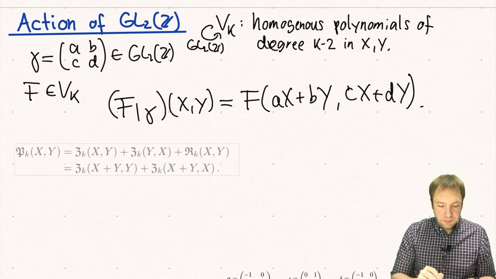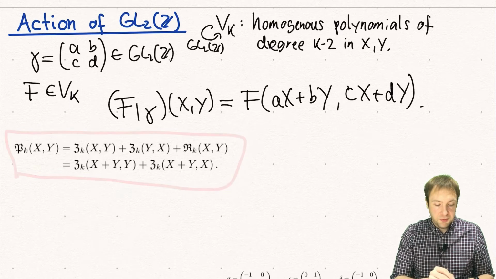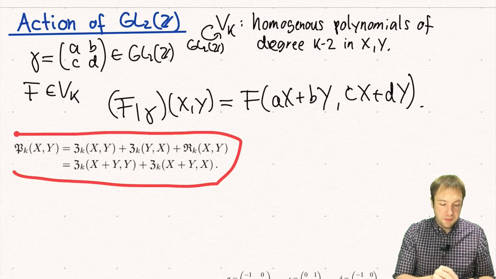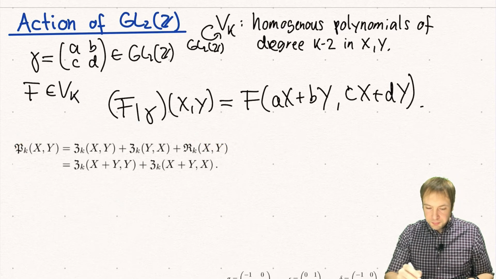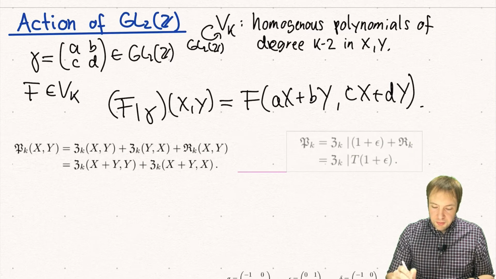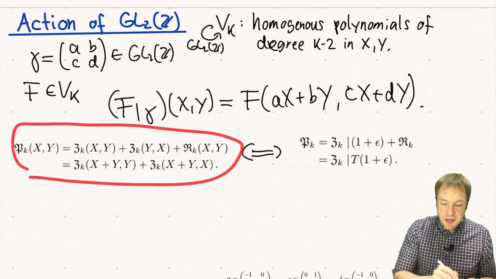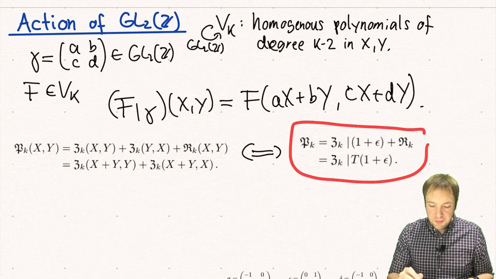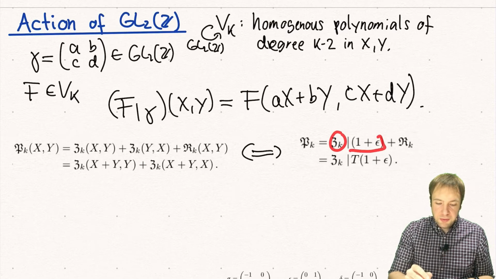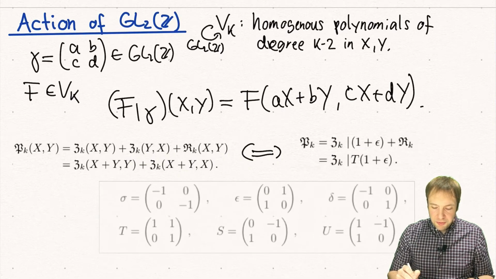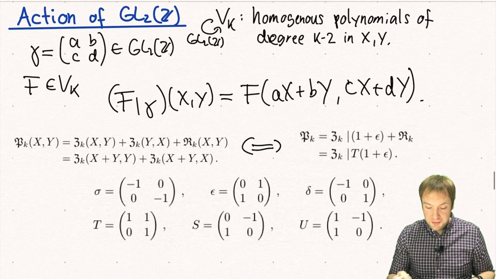And now, this was the functional equation which was satisfied by this generating series of these objects in the formal double zeta space. So how can we write this equation now in terms of this action? The statement is that this functional equation, by using this action, can be stated like this, meaning that this pk is just the action of 1 minus epsilon, and of course I need to say what epsilon is. So here's a list of matrices which will appear again and again in the next lectures.